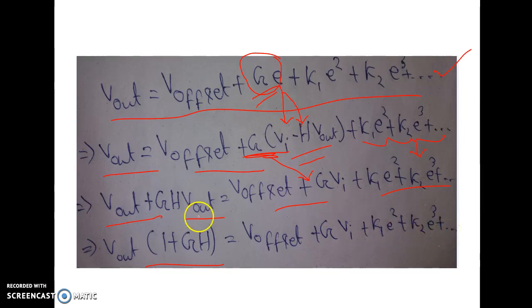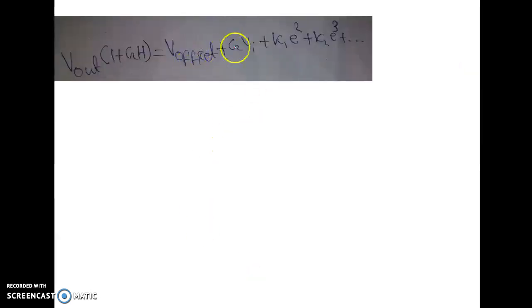Clear? Now we can take 1 plus GH to the right hand side, and what we get? We get this expression we already got in our previous slide, that V output into 1 plus GH is equal to V offset plus G into Vi plus K1 into E square plus K2 into E cube plus dot dot.